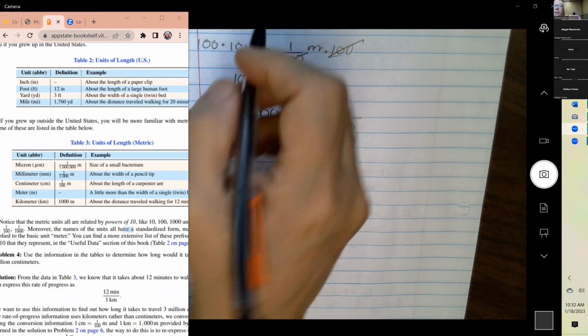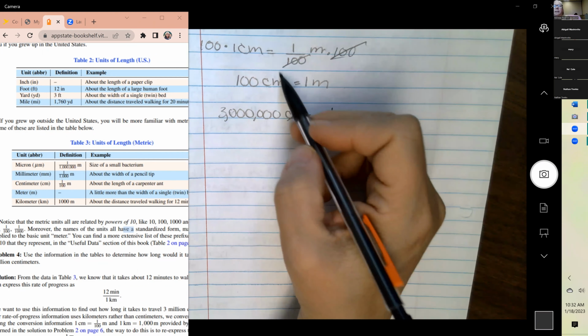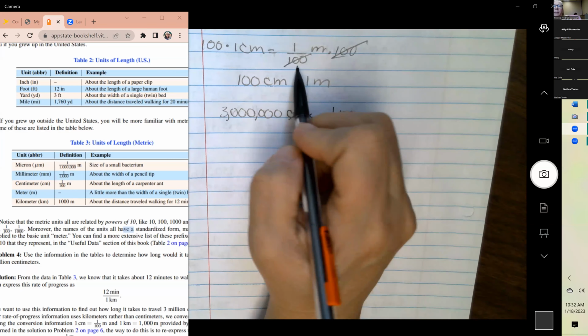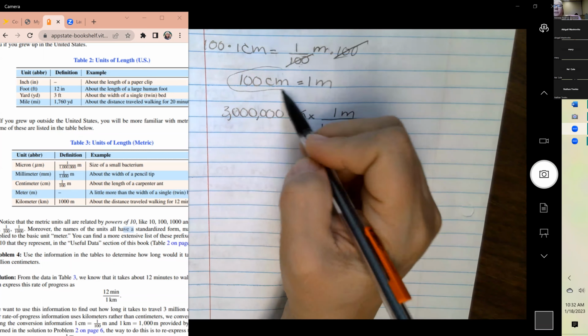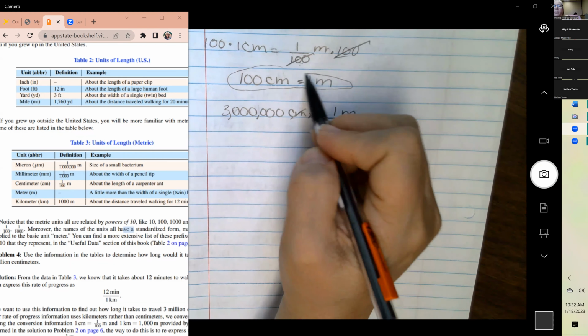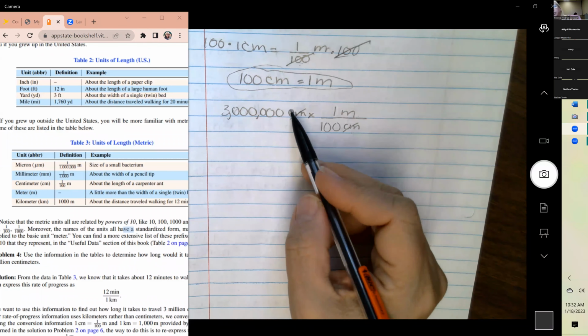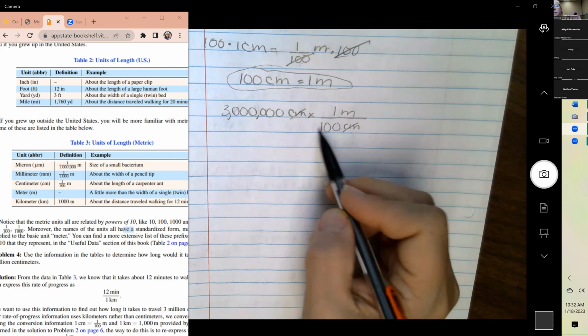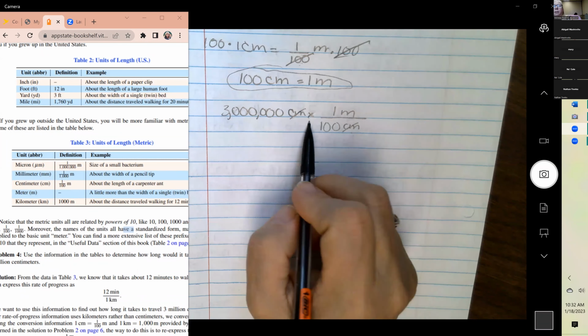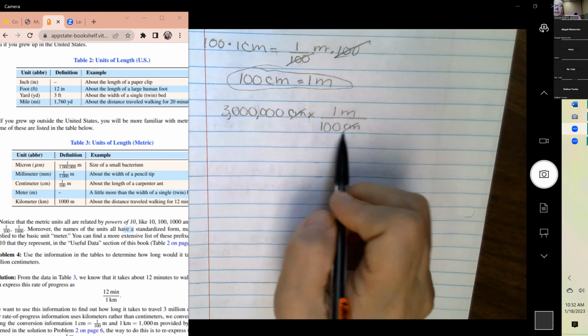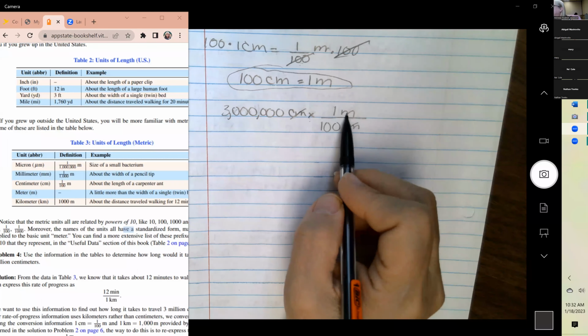I don't need to flip it. What I did was here I multiplied the 100 to the other side. So now I know 100 centimeters is 1 meter. And I want centimeters to cancel. So this is multiplication, not an equal sign. 100 centimeters is 1 meter.